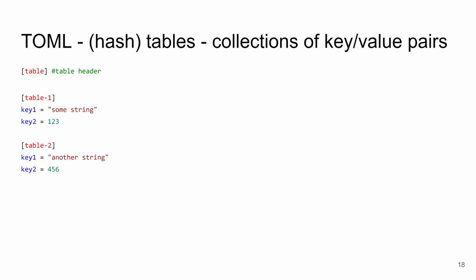But what in the INI file was called a section, in TOML is called a table. So a table in square brackets has its table name. And here we have an empty table called table. Then we have table 1 containing 2 key value pairs, and table 2 also containing 2 key value pairs.